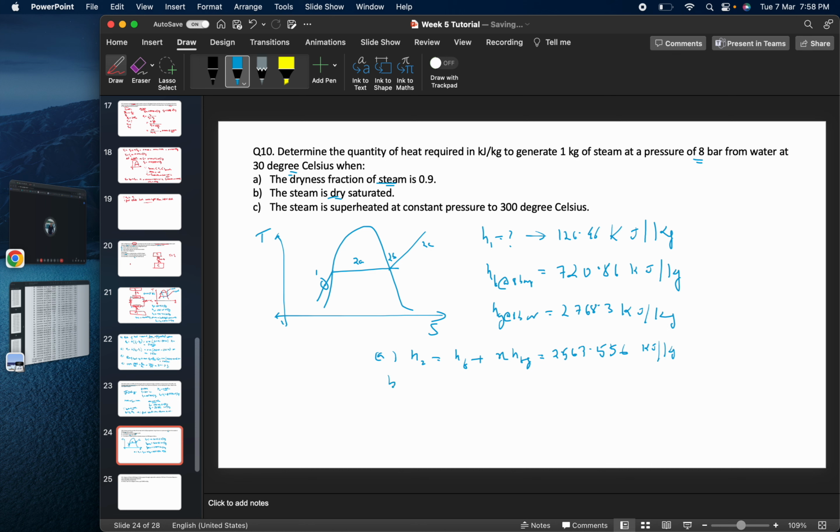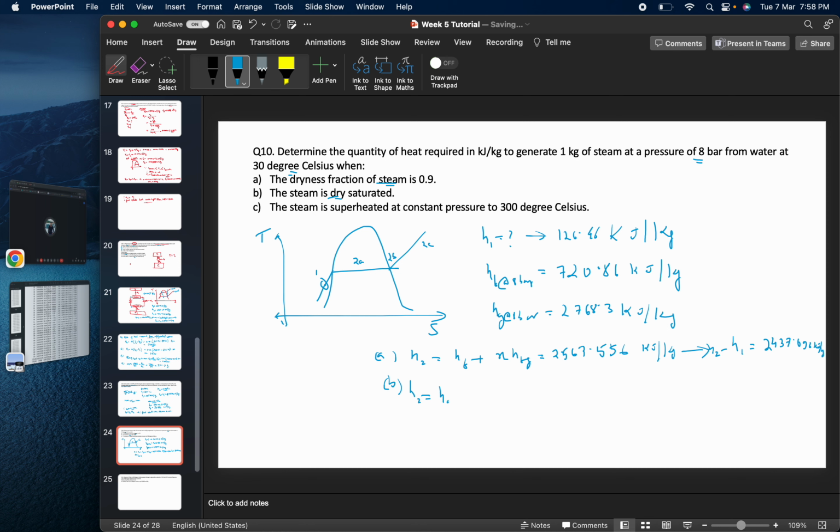Now for the heat required, you just need to do H2 minus H1, that is 2563.556 minus 126.46, which is 2437.096 kilojoule per kg.